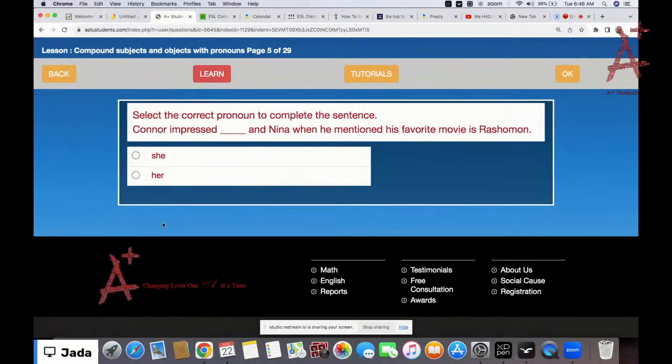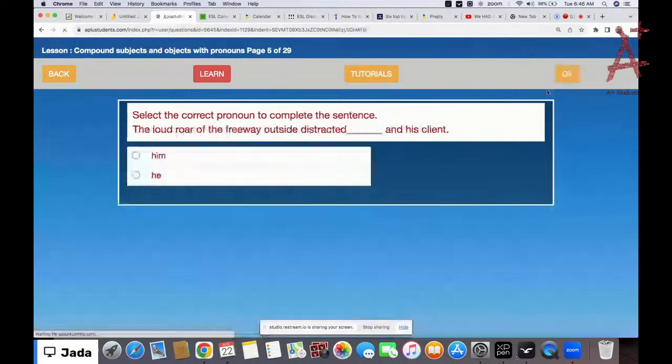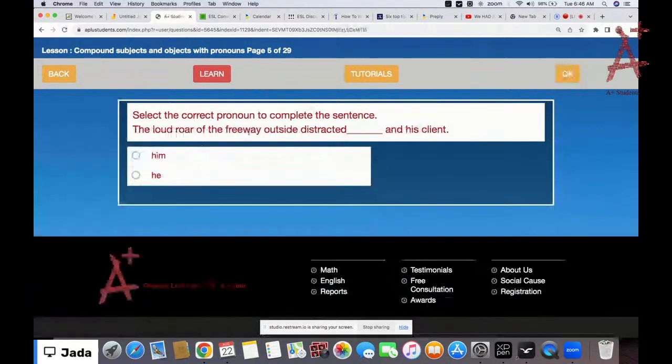Okay, impressed her and Nina. So good job. Alright, so: the loud roar of the waves outside distracted Dash and his clients. Him or he? So is it going to be him or he? So him.